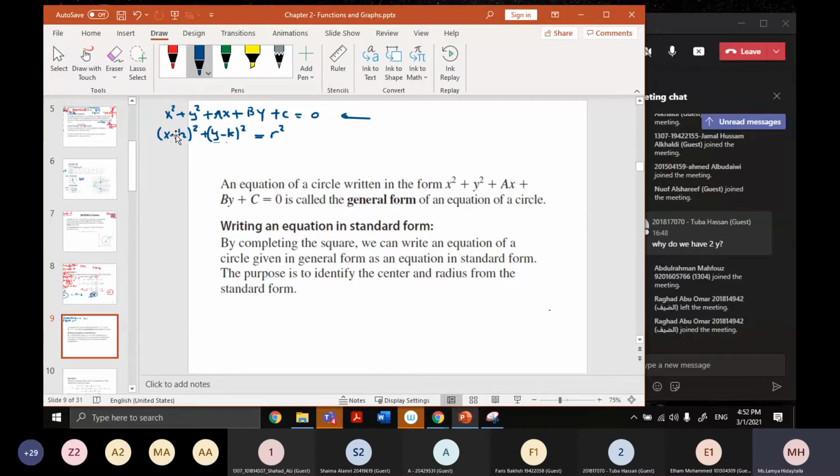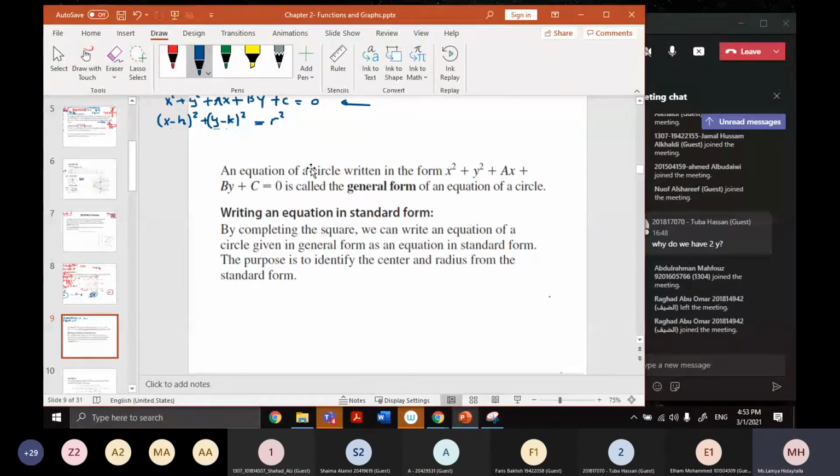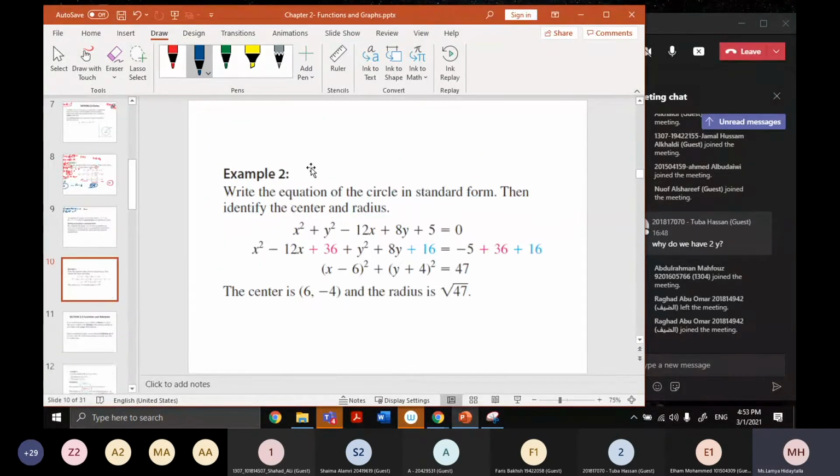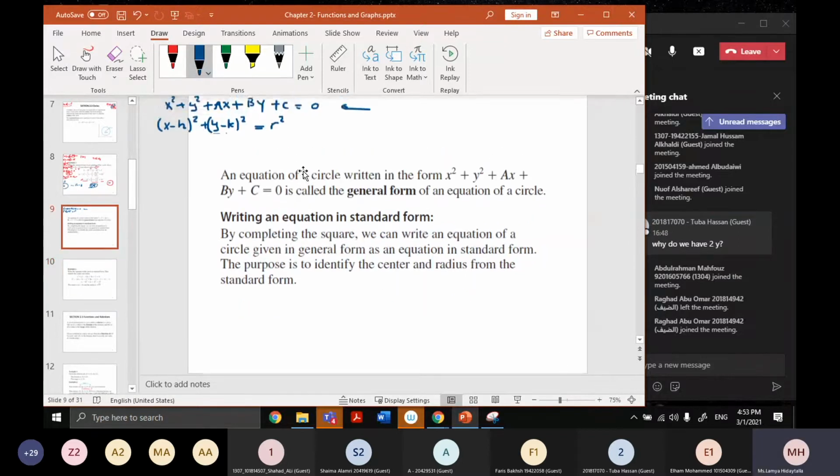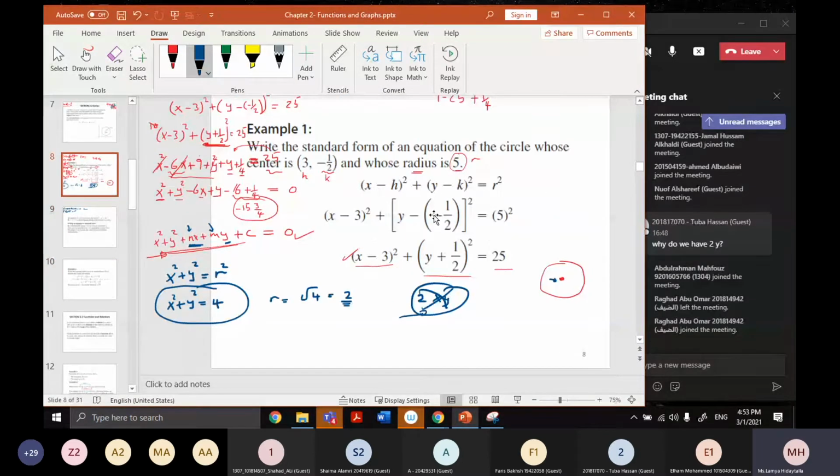I'll try to write it in this form, because easily from this equation I can find the radius and the center. Okay, now let me give you an example before we go there.